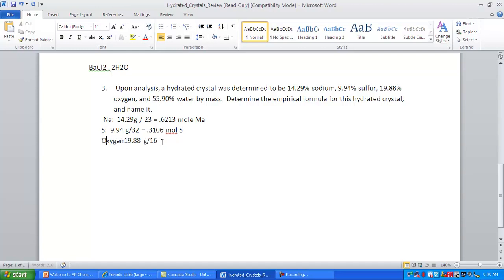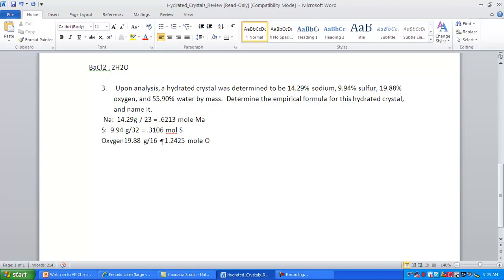And now I will hit then also the number of moles. And what I find, 19.88 divided by 16, 1.2425. And that becomes mole of oxygen. I'm seeing a 0.6213, 0.3106, 1.245.